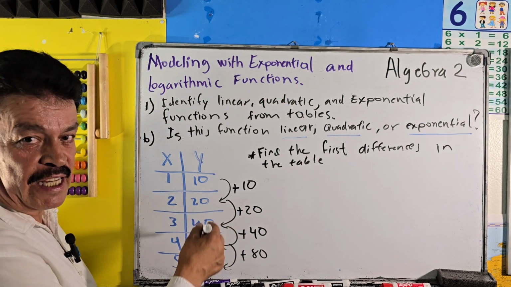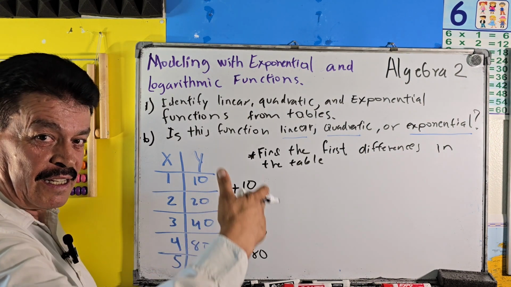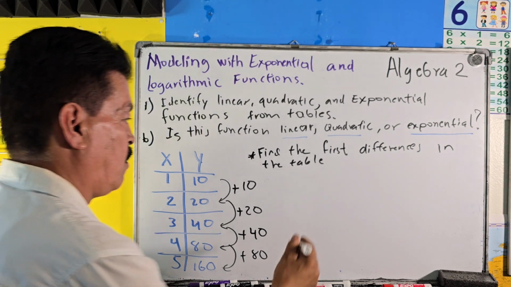Which kind of numbers do we see here? 10, 20, 40, 80. See the way they raise the number?